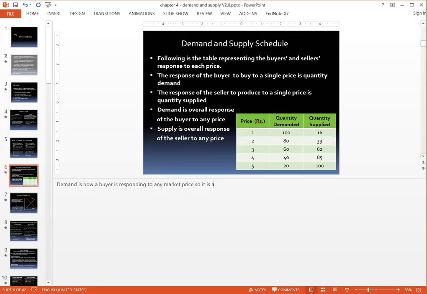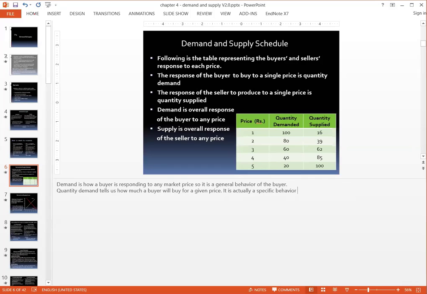It is a general behavior of the buyer. But quantity demand tells us how much a buyer will buy for a given price. So this is quantity demand. This is actually a specific behavior, not a general behavior.